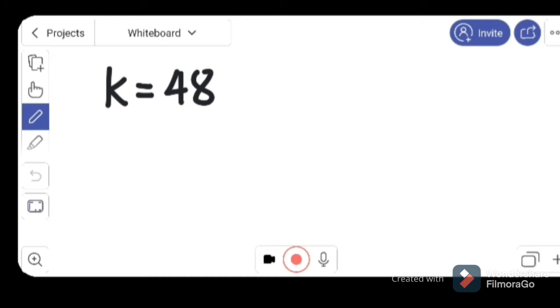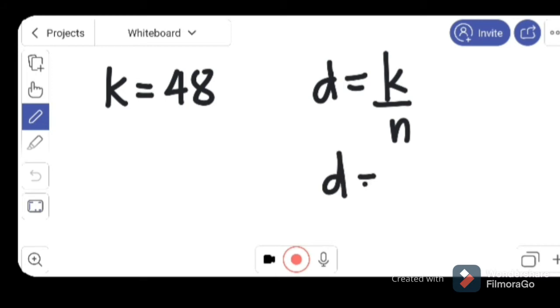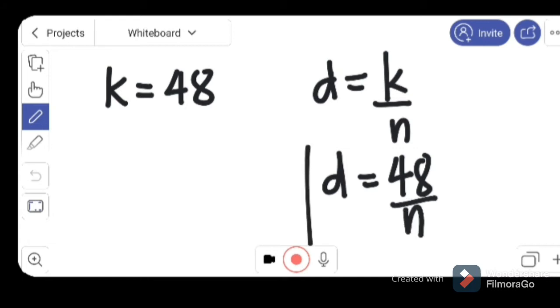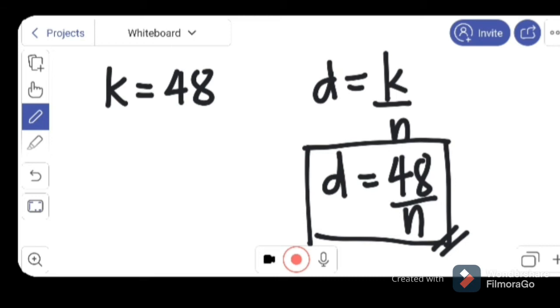And our equation for this will be days is inversely proportional to number of workers. Substituting the value of k, our new equation would be d is equal to 48 over n. This is the equation of our given table.